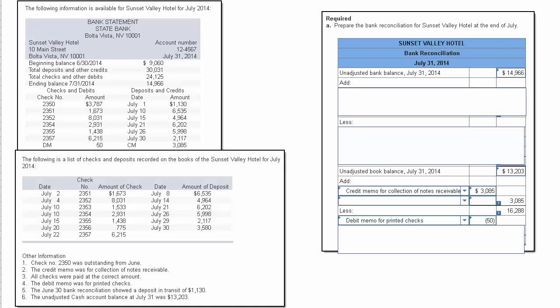Okay, what's next? The June 30th bank reconciliation showed a deposit in transit of $1,130. Okay, well, last month's deposit of $1,130 should be already taken care of for this month on both sides. We already had it recorded.